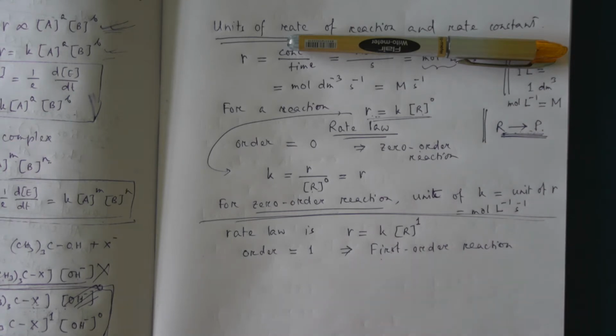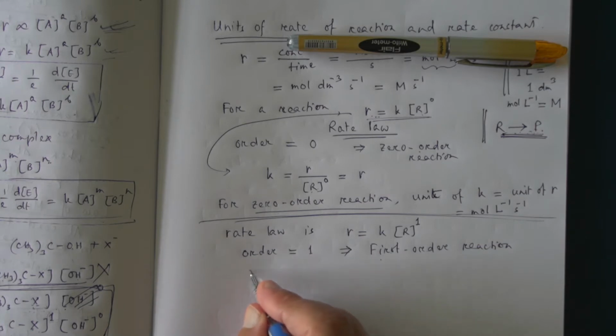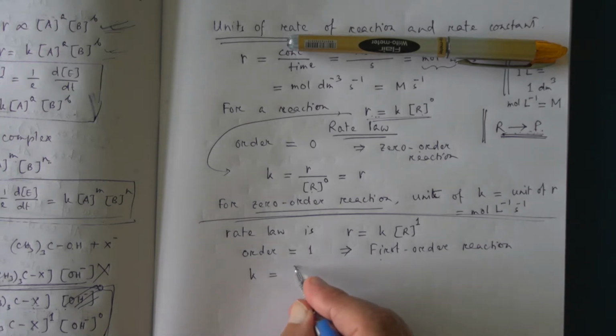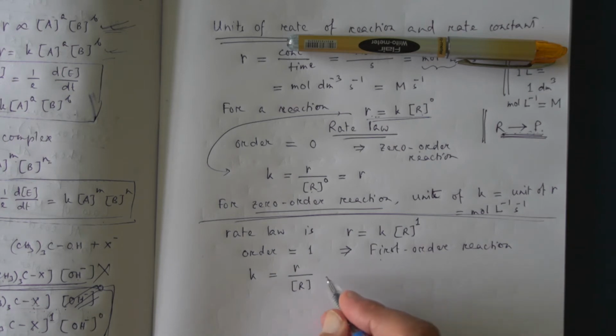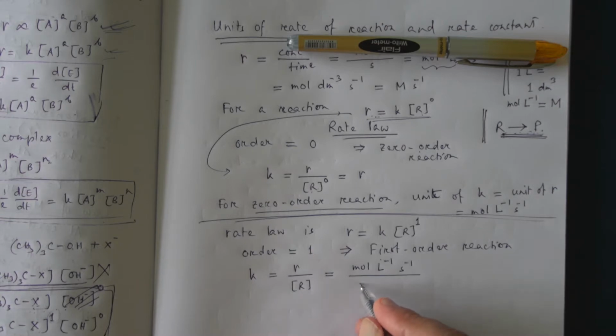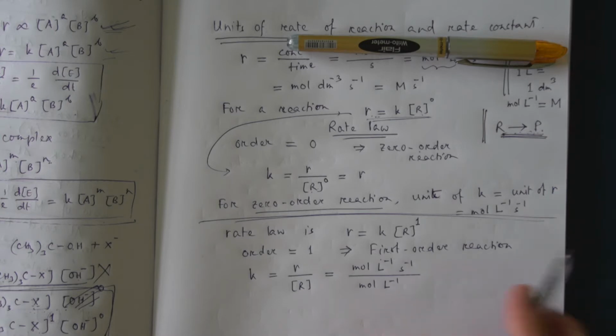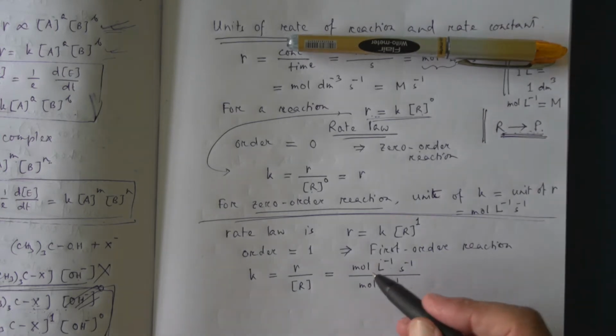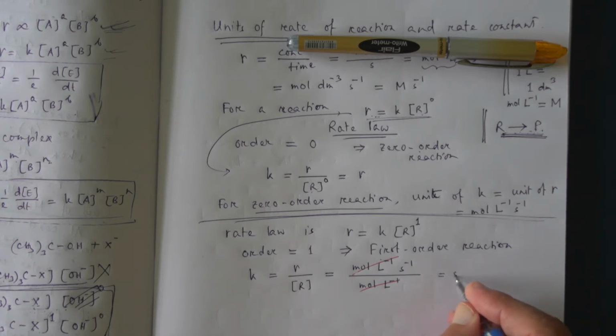Rate law is this. So in this case, what is K? K equals R by C to the power 1. So what is the unit of R? Unit of R is mole per liter per second. And what is the unit of C? This is mole per liter. So this cancels, okay? So this is equal to second inverse.